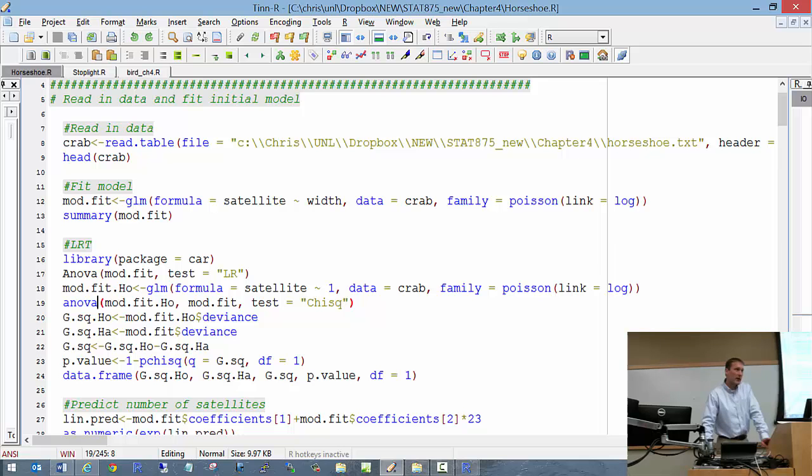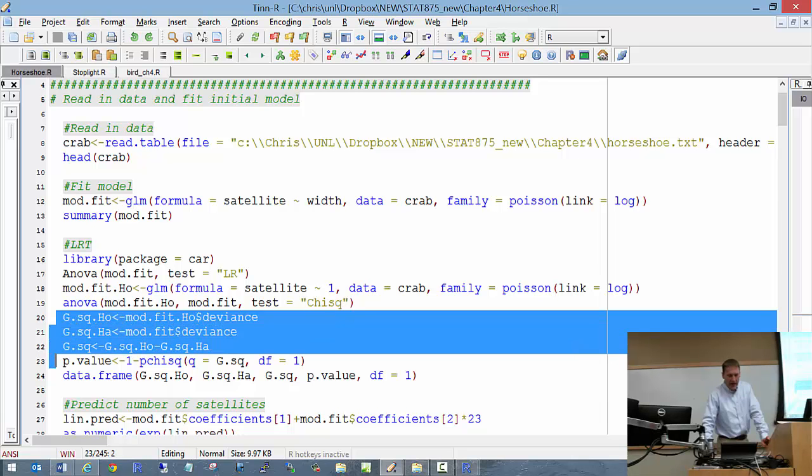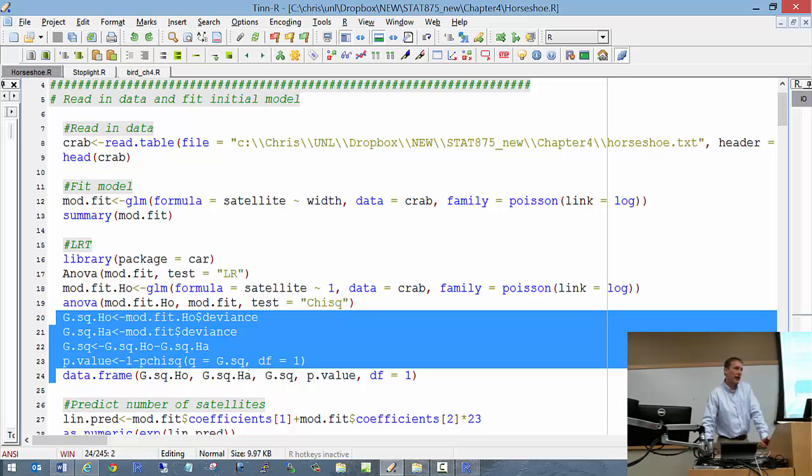In my program itself, I talk about how you can use the little anova function. And I also do what you could say is somewhat by-hand calculations here, where I fit a null model, I fit an alternative model, and actually extract the residual deviances and test it that way, similar to what we talked about in Chapter 2.